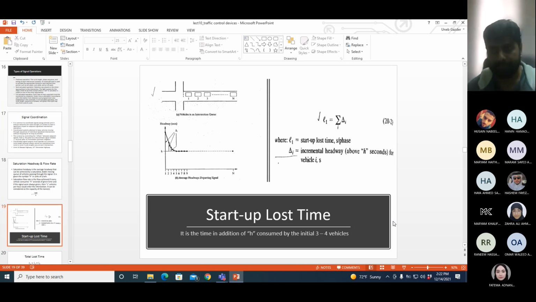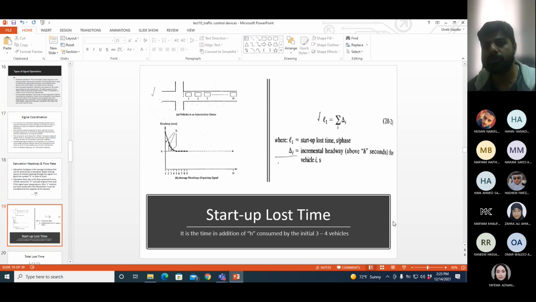The headway between the first 2, 3 vehicles in the queue is usually higher than the saturation value. So if you want to observe saturation headway, you take the values from the third or fourth vehicle of the queue onwards. You record the time interval between them and take the average. That will become saturation headway.